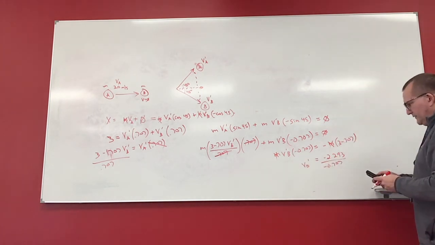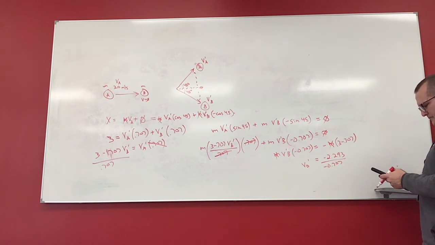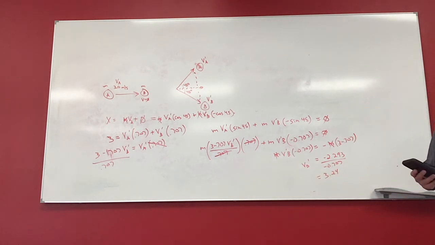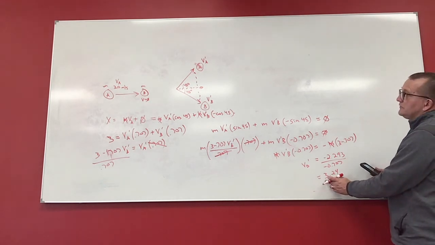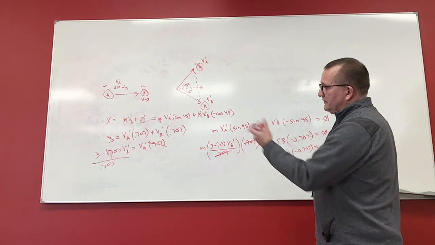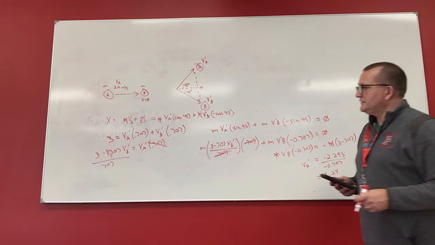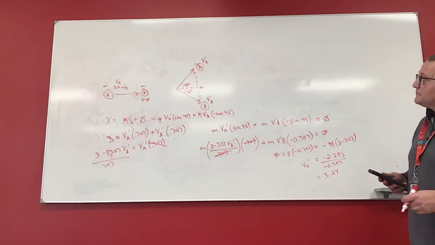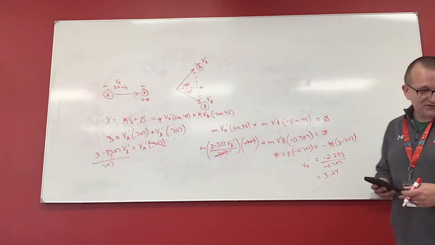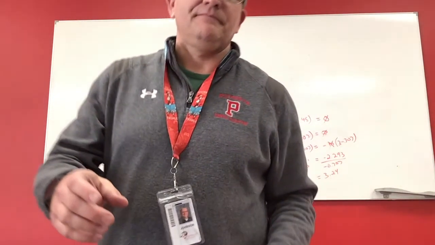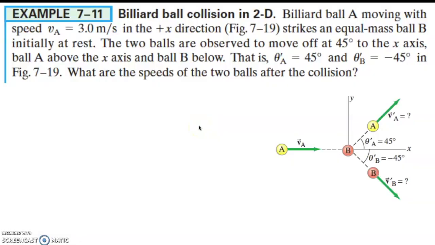VB prime I can get then, which will be 3.24. And then I just take my 3.24 and I substitute it back in here, and then I can solve for VA prime, which, believe it or not, will be the same answer of 3.24. That's what we're looking for here.